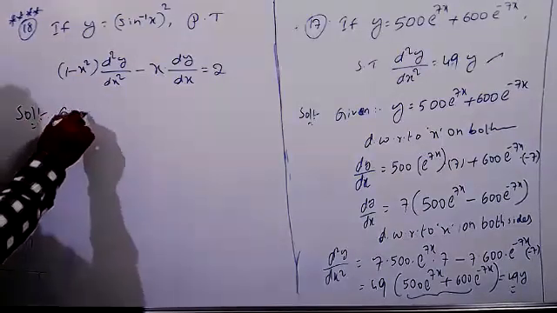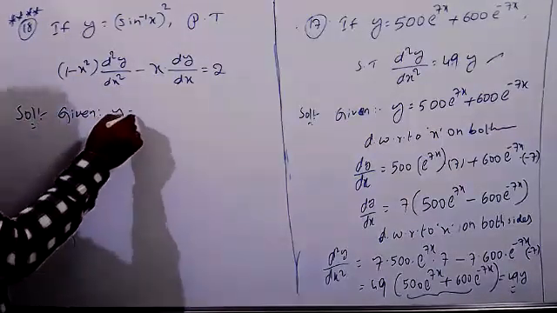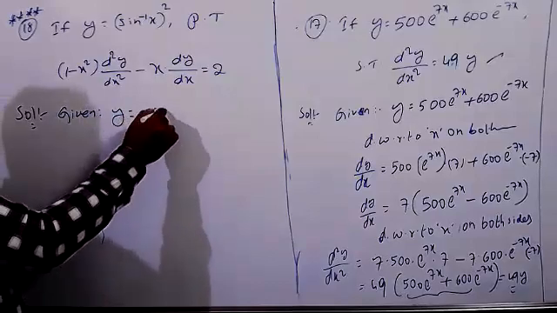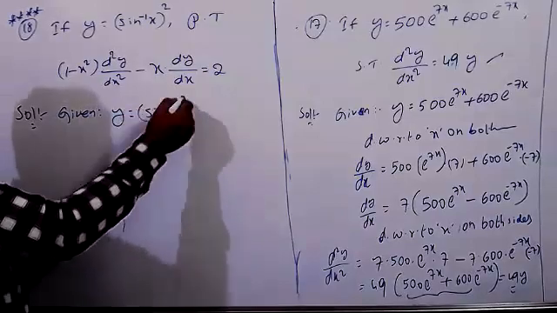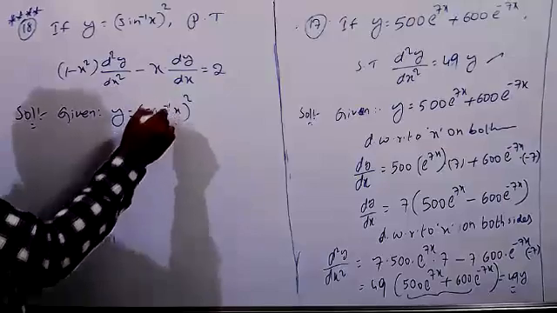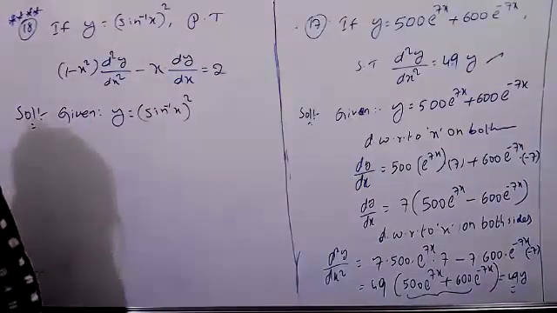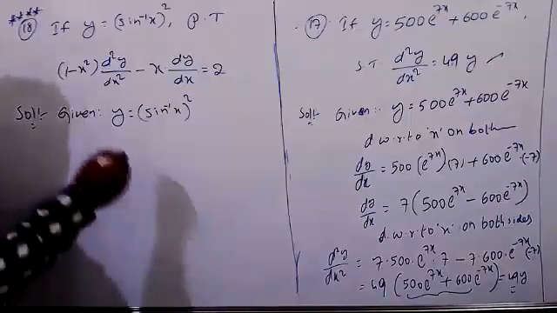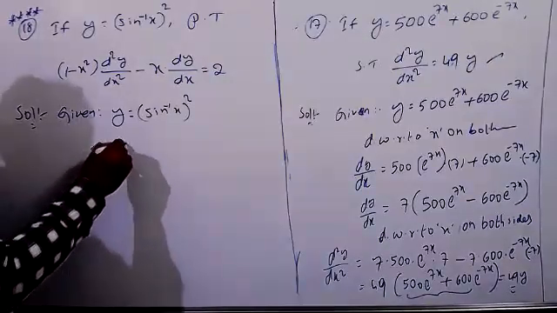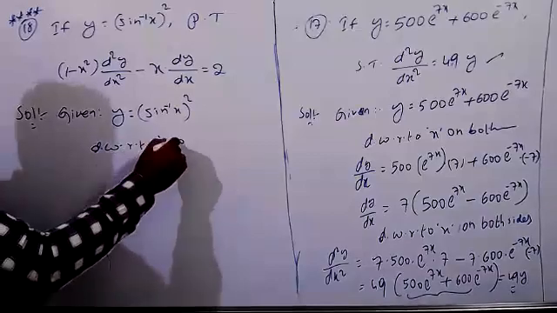So given the function y equals (sin inverse of x) whole square, first you can differentiate with respect to x on both sides.